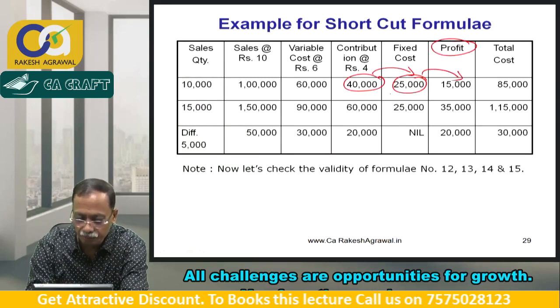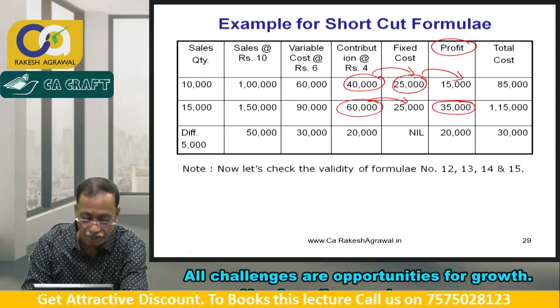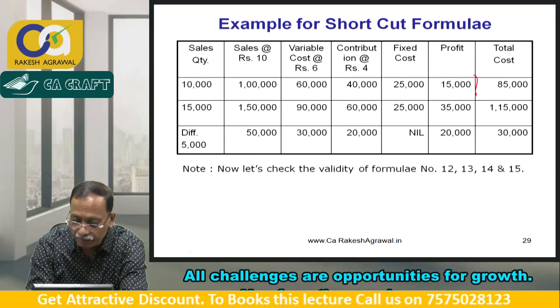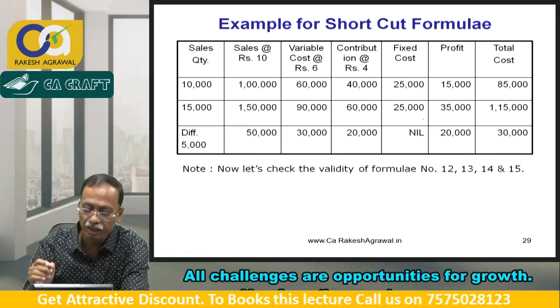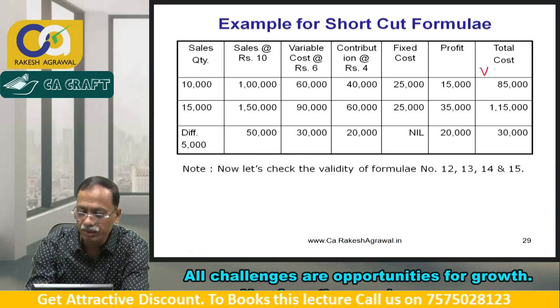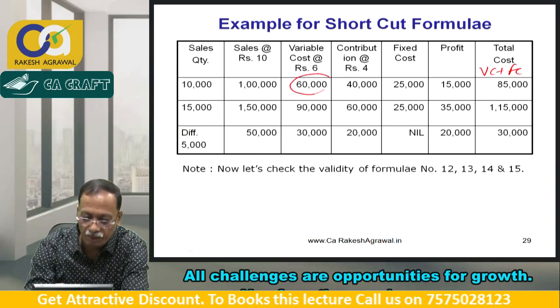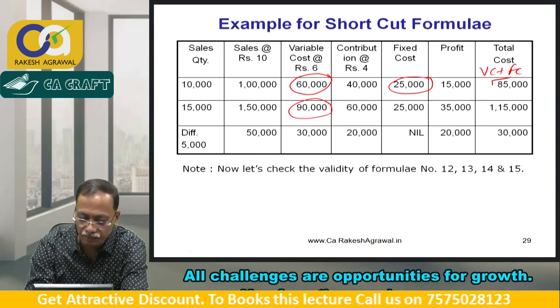Profit is 15,000, and 60,000 minus 25,000, profit is 35,000. The difference in these two profits is 20,000. That is differential profit. Now we'll take total cost. Total cost is variable cost plus fixed cost. Variable cost 60,000 plus fixed cost 25,000, total cost 85,000. Variable cost 90,000, fixed cost 25,000, total cost 1,15,000.